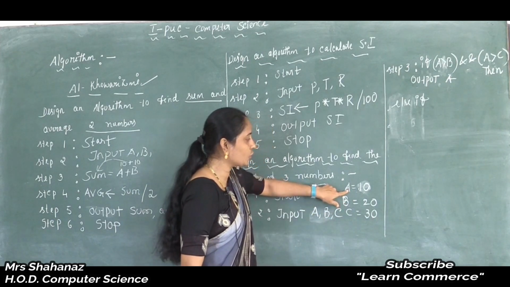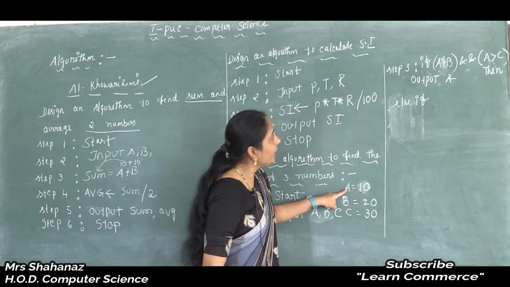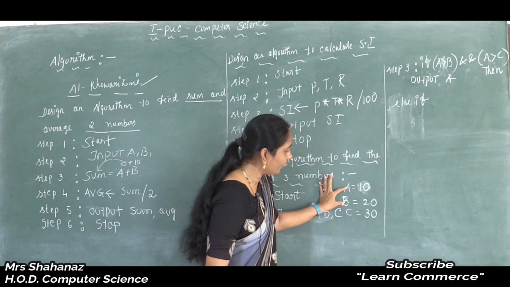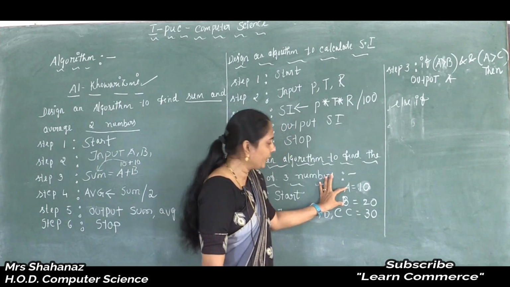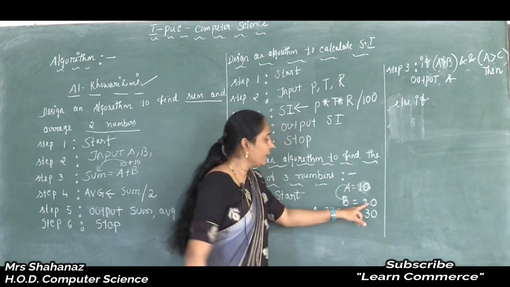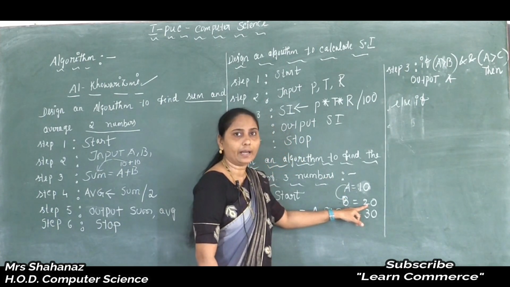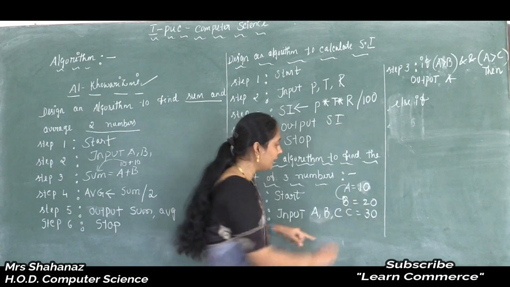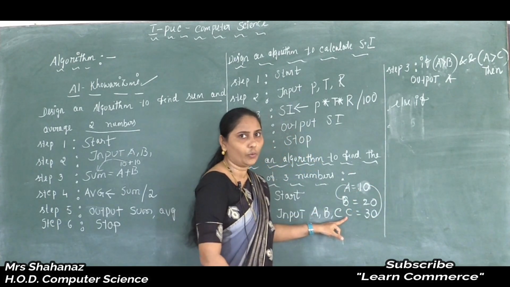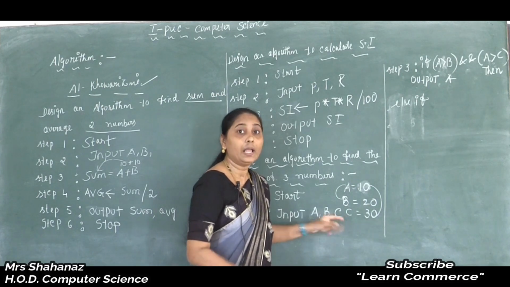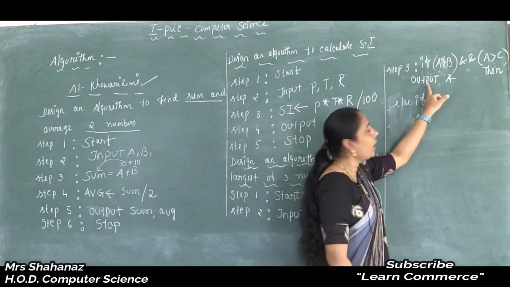So when you compare A and B, we can say that A value is not greater. When you compare A and B, the B value is greater. And also when you compare the A value with the C value, is A greater? No, the A value is not greater. If it is greater, then output A.